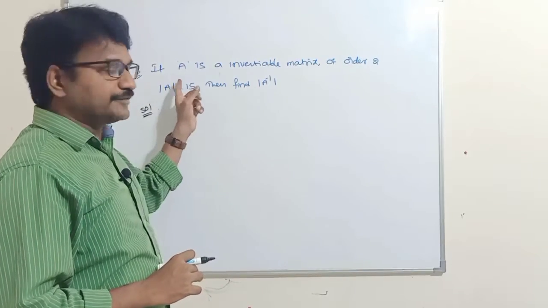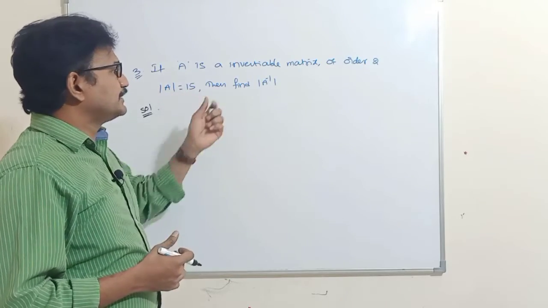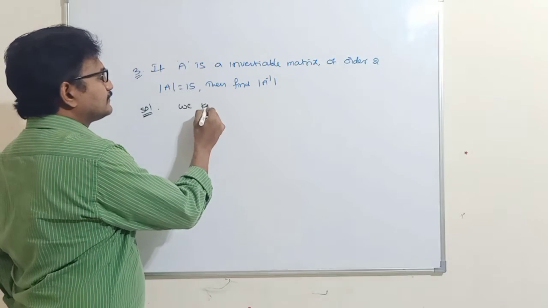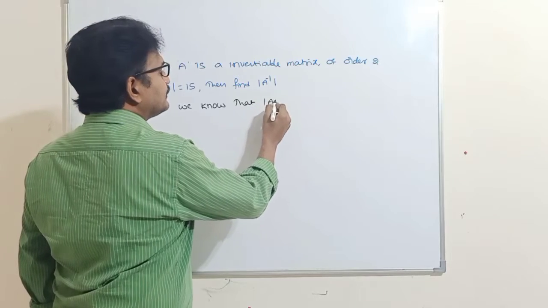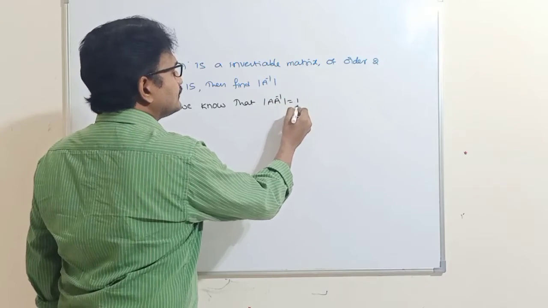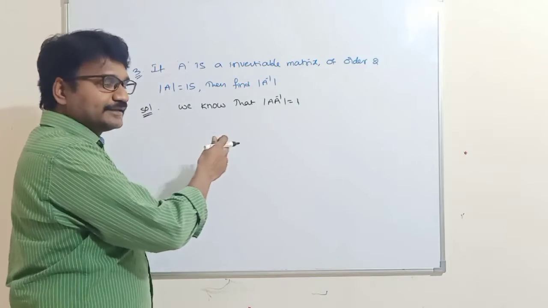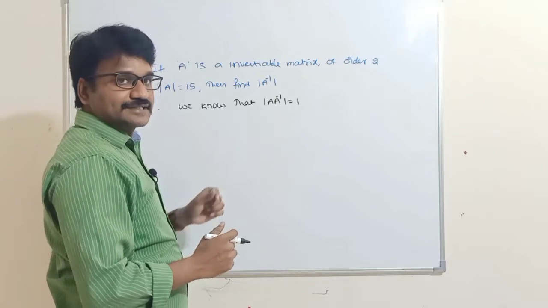Next problem. If A is an invertible matrix of order 2, if det A is 15, then find det of A inverse. We know that det of A into A inverse is equal to 1. Already I explained how det of A into A inverse is equal to 1 in the previous problem.